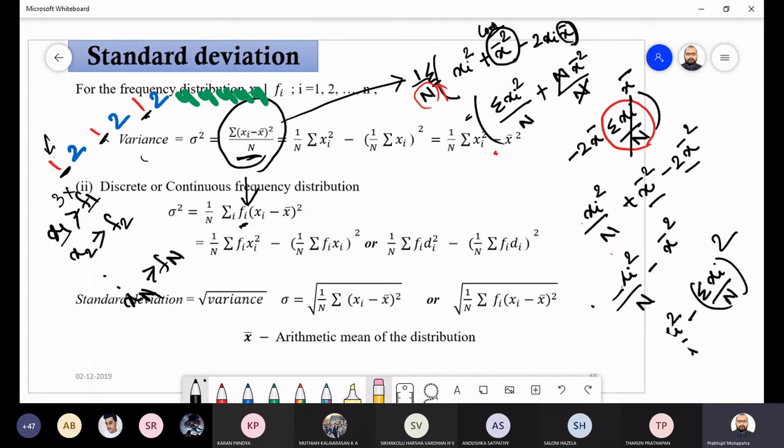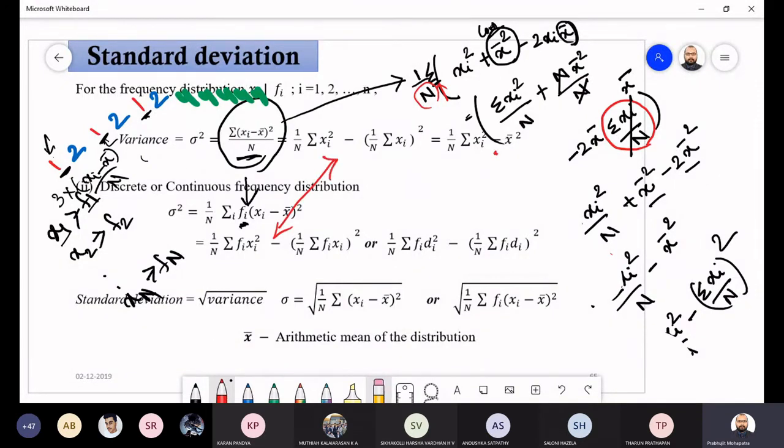So you multiply 3 into xi minus x bar whole square. Understanding or not? So if the frequency is given, you just multiply by fi. Same formula, nothing different.